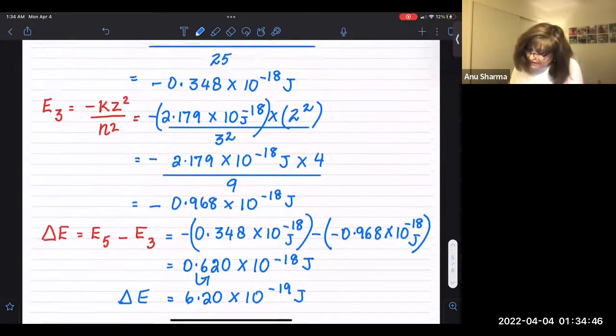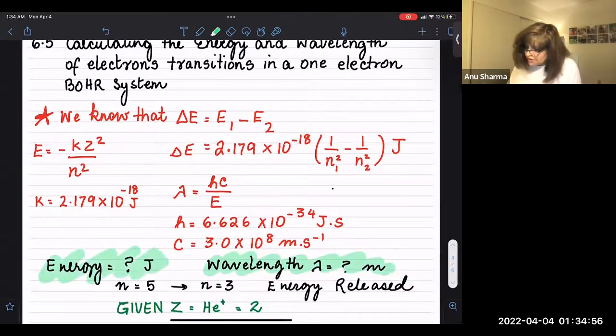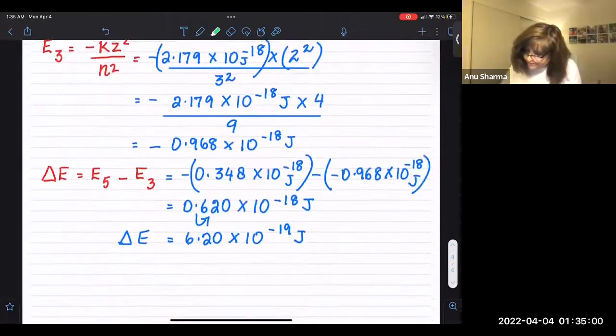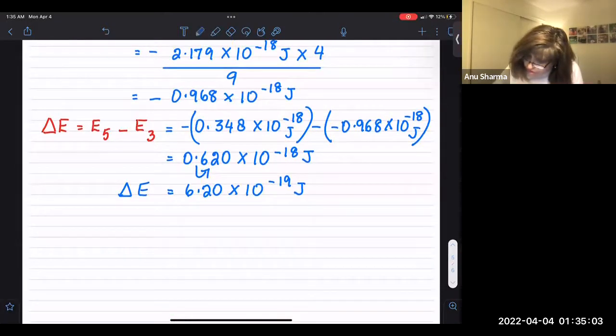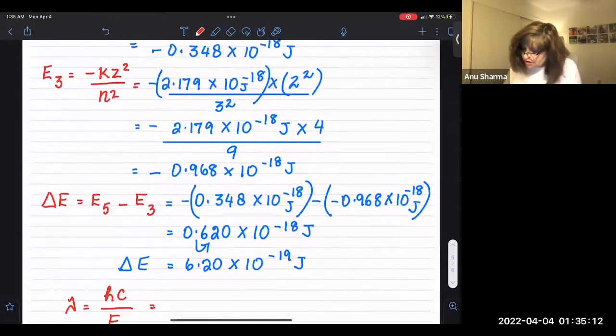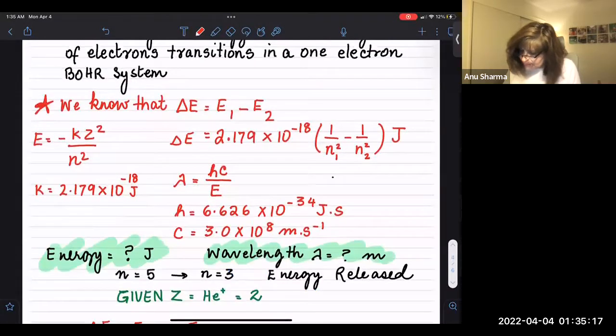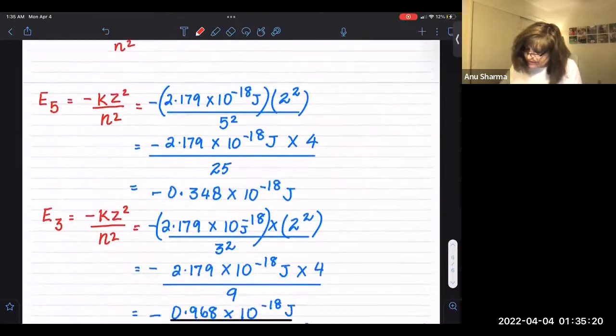Now the next thing that we're wanting to find is the wavelength, and that wavelength is in meters. So we already found the energy in joules. So for the wavelength, we will use HC over E. Wavelength is equal to H times C over E. H is the Planck's constant, and the value given here is 6.626 into 10 to the power negative 34.